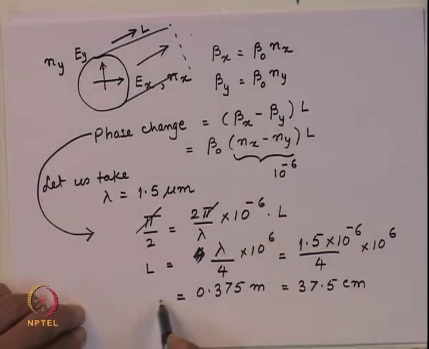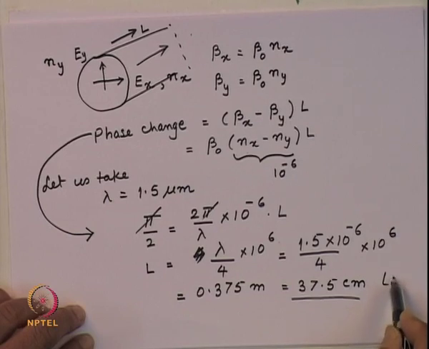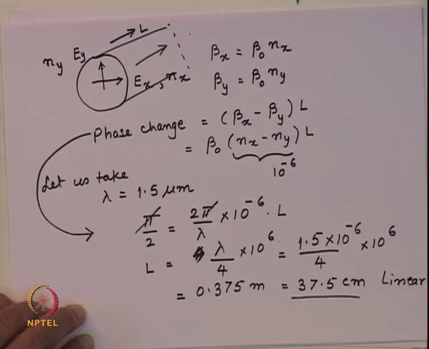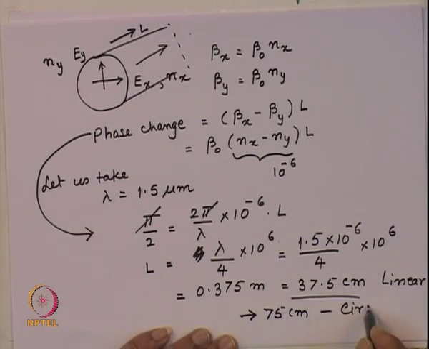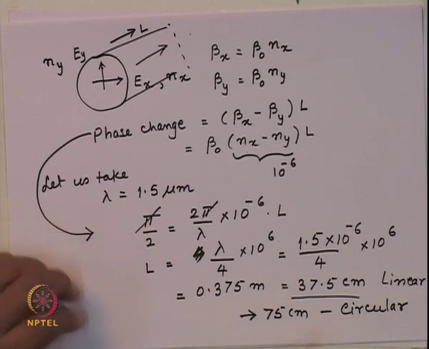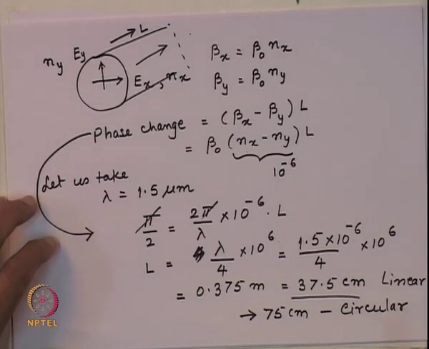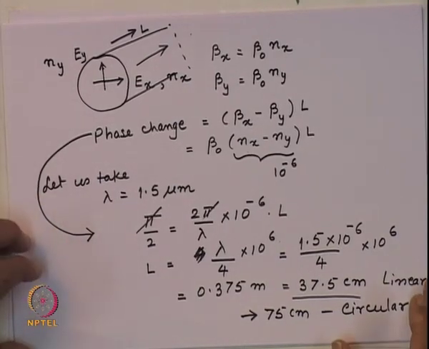So, at this distance we get linear polarization. If I go the same distance again, that means, to a distance of 75 centimeter, then I will get circular polarization again, because the phase difference will be equal to pi by 2. If I again move 37.5 from that location, again I will see linear polarization and so on.